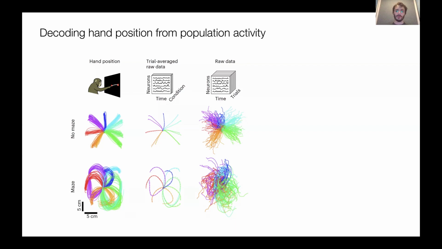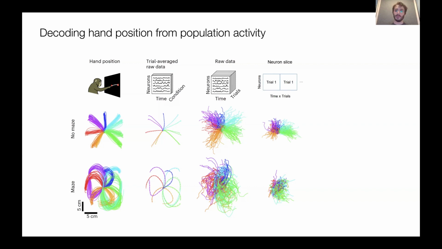One thing that people commonly do to get rid of this noise or unwanted variability is to do PCA on the neural activity, which is to apply a dimensional reduction method to this matrix that we saw earlier. And if we do that, and then apply a regression method to decode the position of the hand of the animal, it does very poorly.